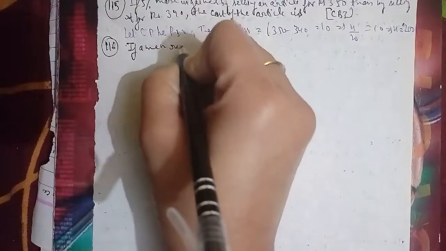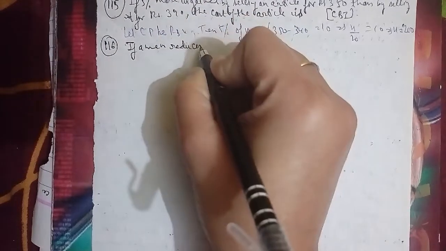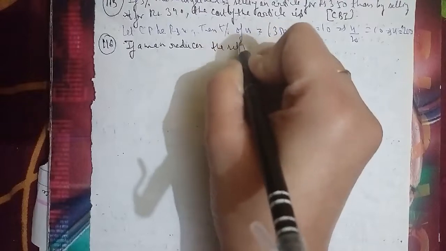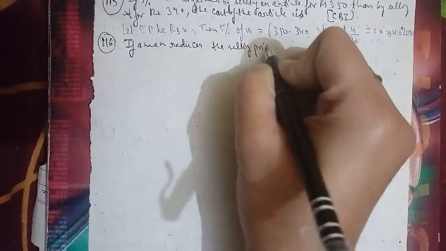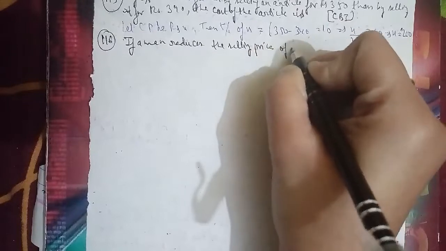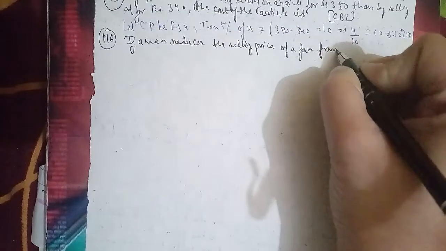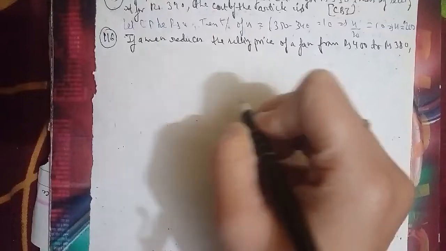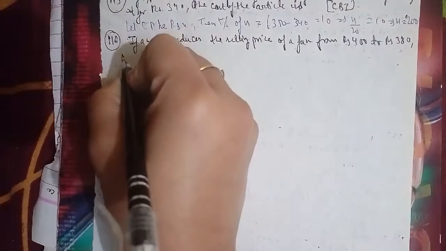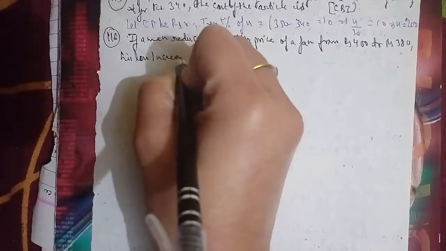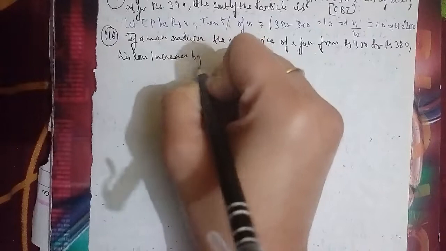If a man reduces the selling price of a fan from rupees 400 to rupees 380, his loss increases by 2%.